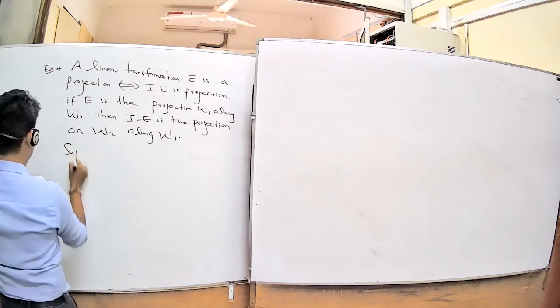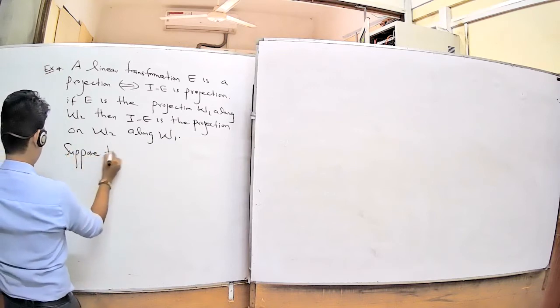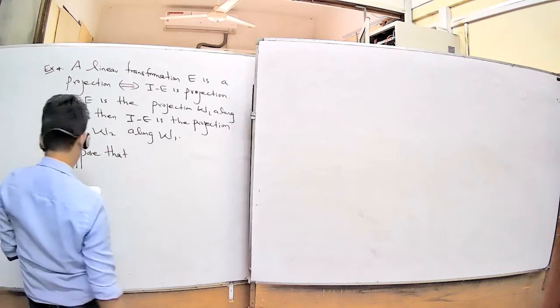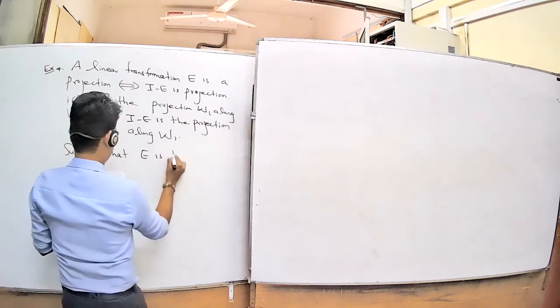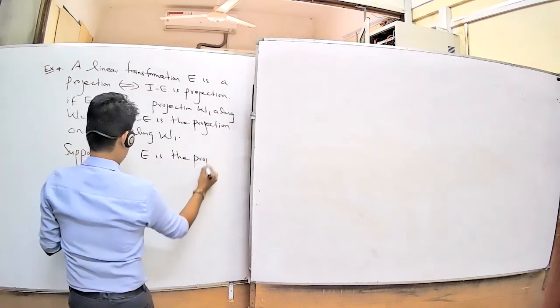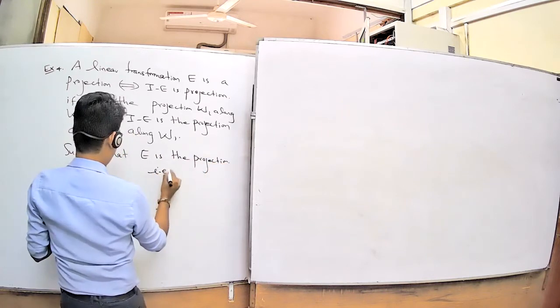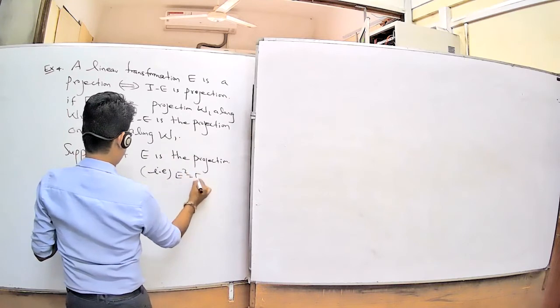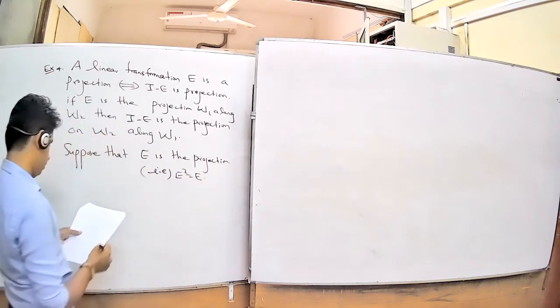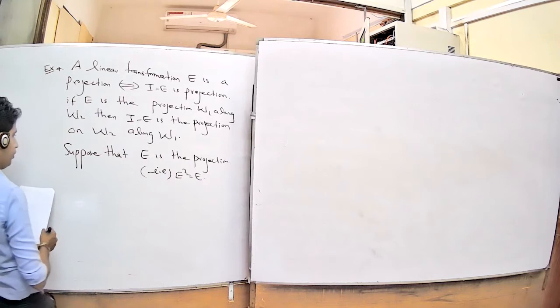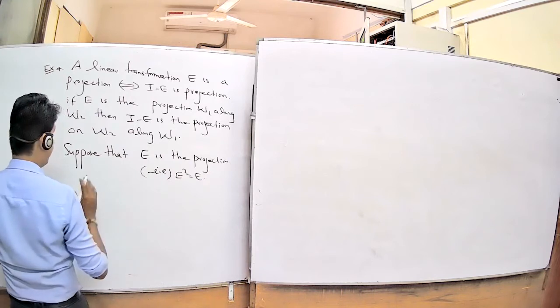Suppose that E is the projection. E is the projection means, as we already proved, it is idempotent: E squared equals E. Now we want to show that I minus E is a projection.